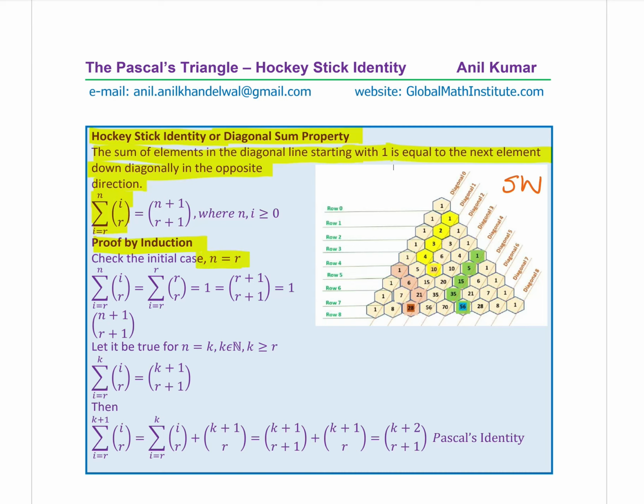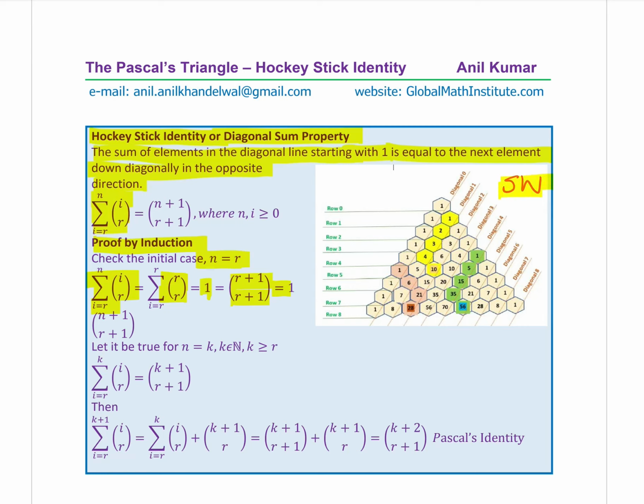So we'll put r, and then what we get? Well, rCr is 1, right? So in that case, we know both sides are equal to 1, and therefore it is true for the initial condition when n is equal to r, right? Since this varies from i equals r to n, we are going from r to n, and that's how we move southwest.